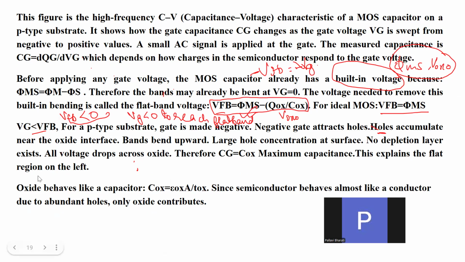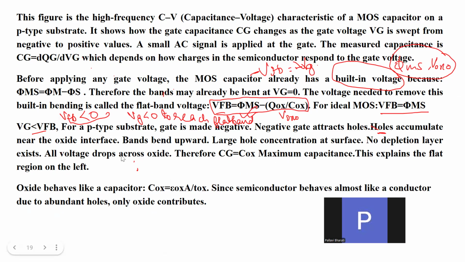Next, what happens? Holes accumulate, the bands bend upward, there is a large hole concentration at the surface, but still no depletion layer exists. So all the voltage drops across the oxide, and that is why the gate capacitance is equal to the oxide capacitance, and this is the maximum capacitance value.